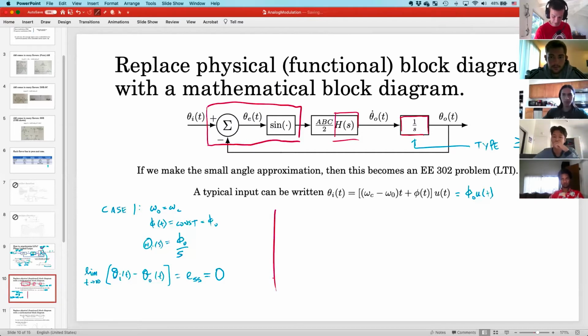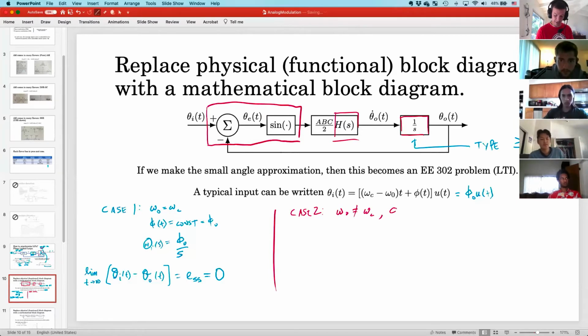All right, so let's see how you treat this one. So case 2. We are assuming that we have a frequency offset. So now the frequency that comes in is different than the frequency we're expecting.